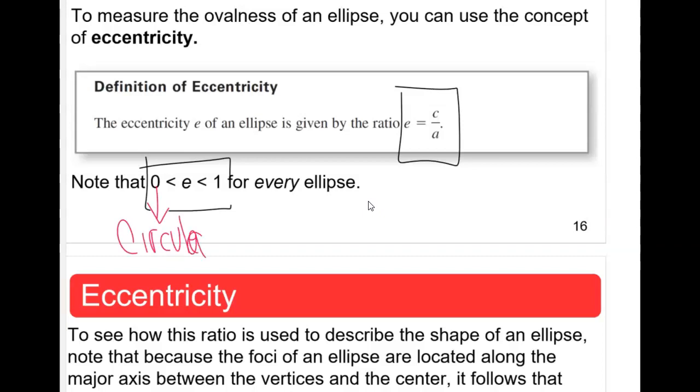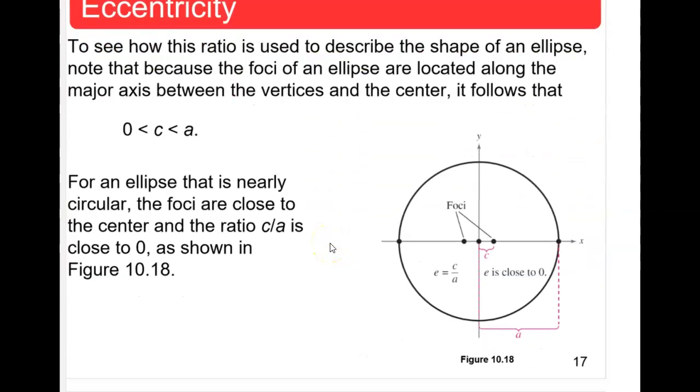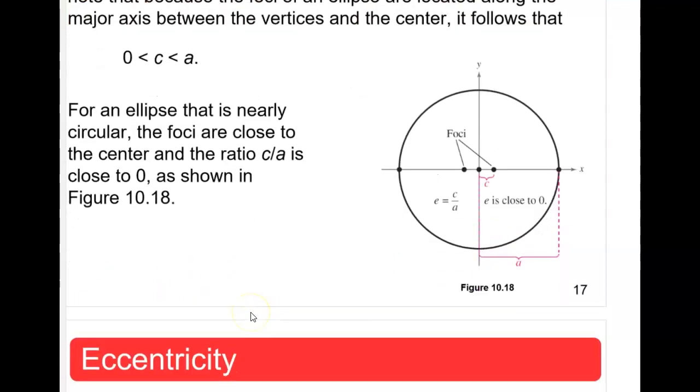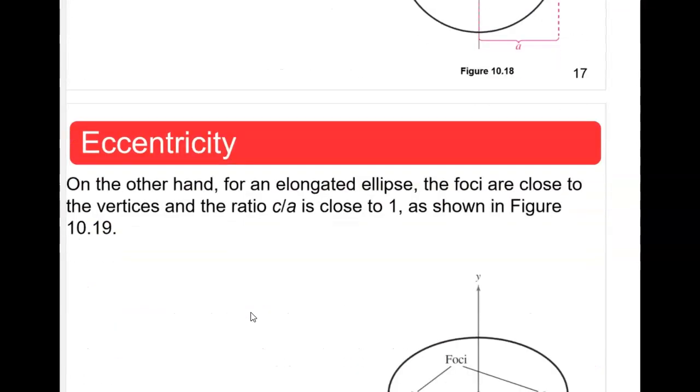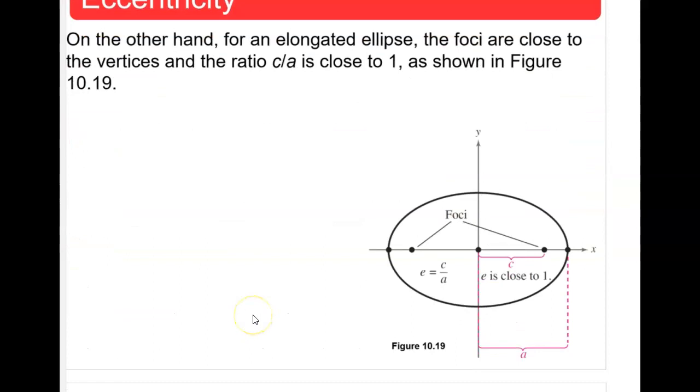So I'm imagining that the closer it gets to 1, it will start looking like a line, either horizontal or vertical, but I could be wrong. Anyways, it's very simple to find it. Just divide c over a. You already know how to find a. You already know how to find c. And you know how to find b, depending on what you have. So based on that, you could answer some questions.